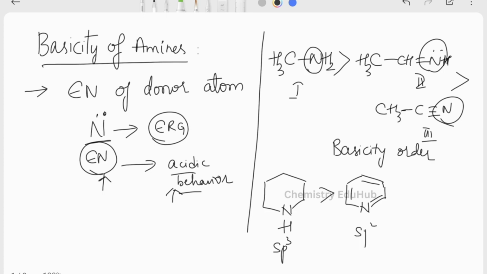Here it is sp2 hybridization because all are double bonds. So sp3 hybridized nitrogen is more basic compared to sp2 hybridized nitrogen. This is because of the more electronegativity of the donor atom. So the first factor that affects the basicity of amines is the electronegativity of the donor atom.